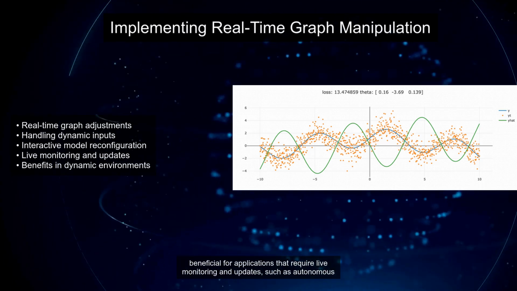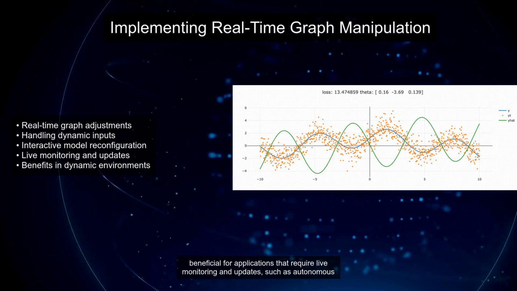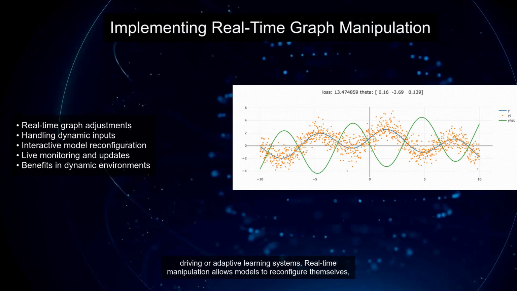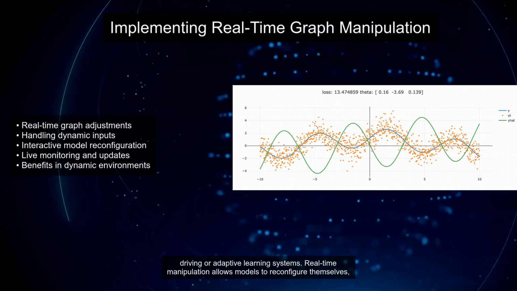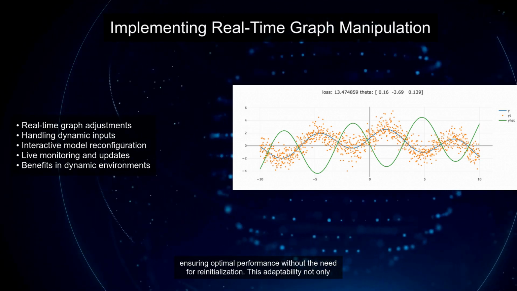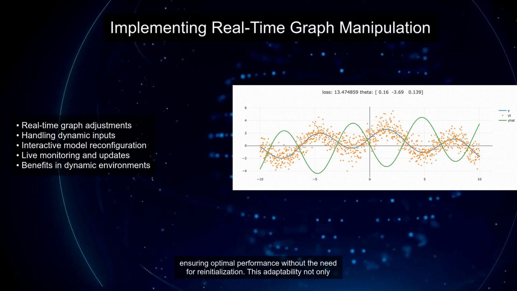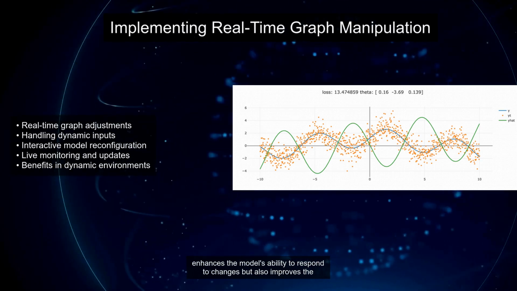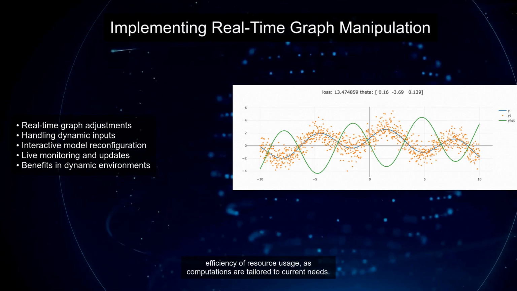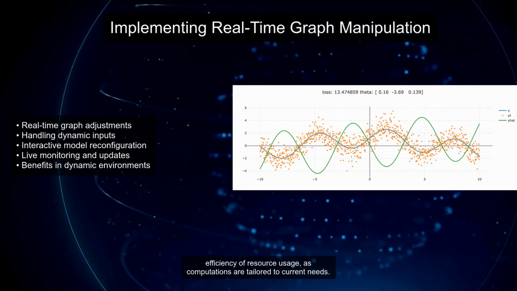This feature is particularly beneficial for applications that require live monitoring and updates, such as autonomous driving or adaptive learning systems. Real-time manipulation allows models to reconfigure themselves, ensuring optimal performance without the need for reinitialization. This adaptability not only enhances the model's ability to respond to changes but also improves the efficiency of resource usage, as computations are tailored to current needs.